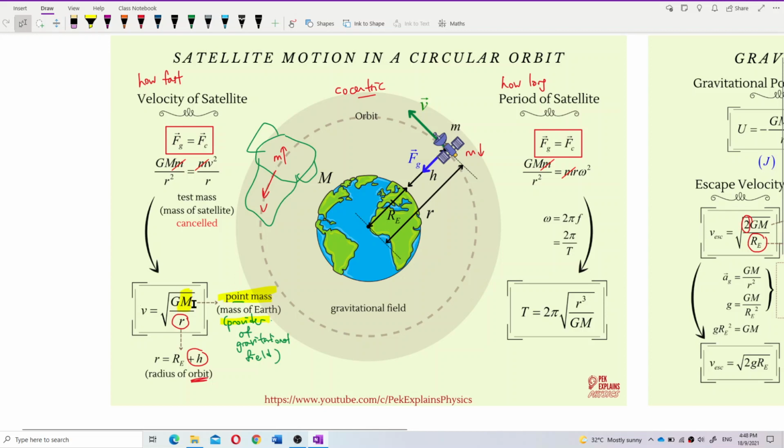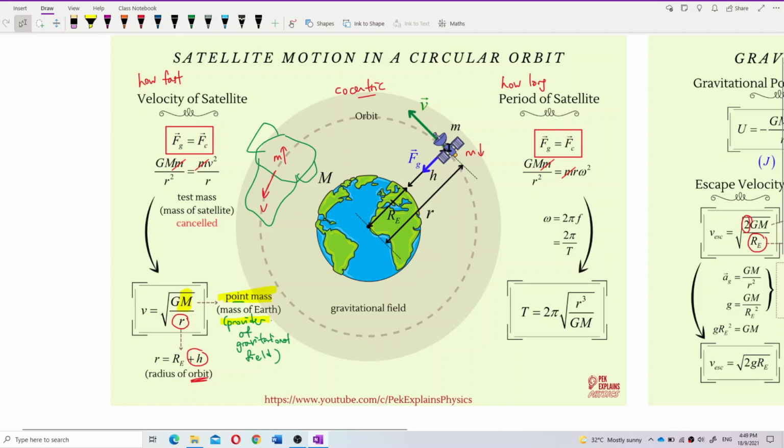So it's independent of the test mass. The test mass is already cancelled. So if you use a bigger satellite, the test mass is not inside the equation of the velocity. So a bigger satellite will have the same velocity compared to the small satellite.